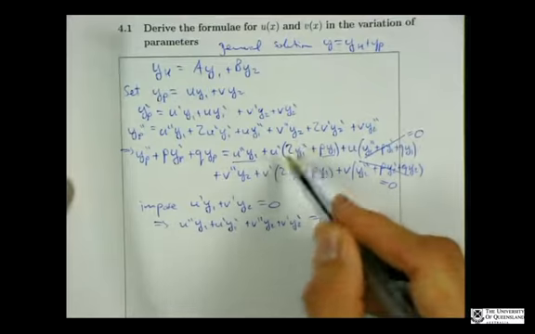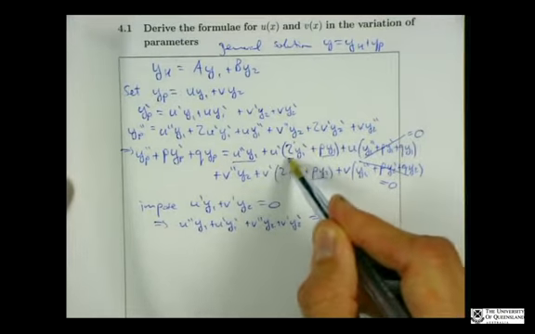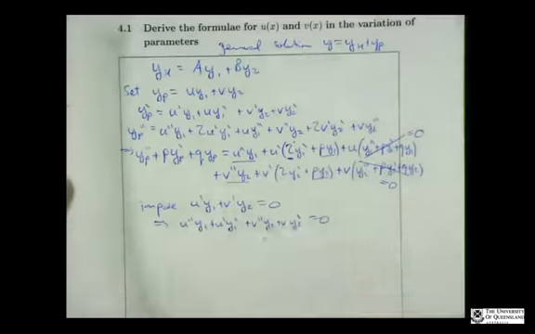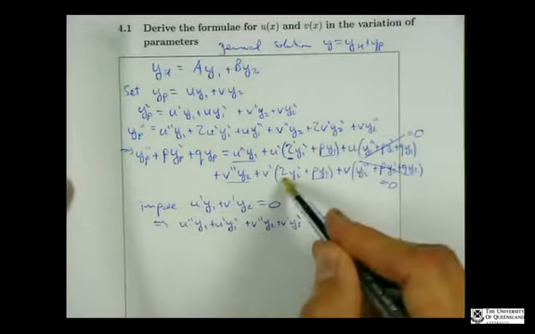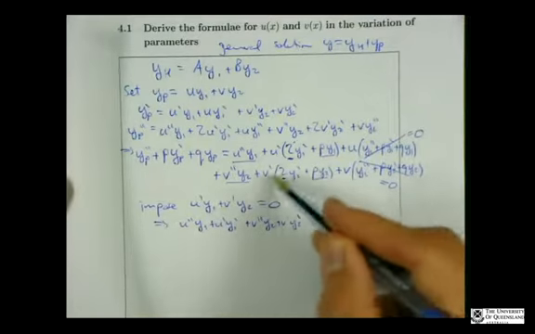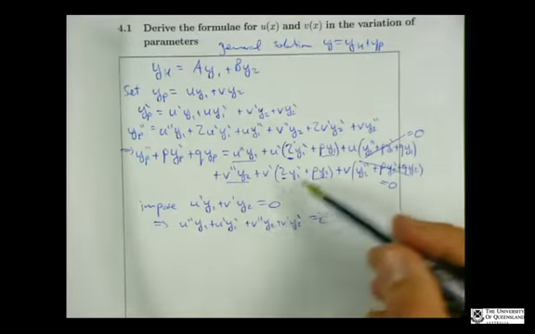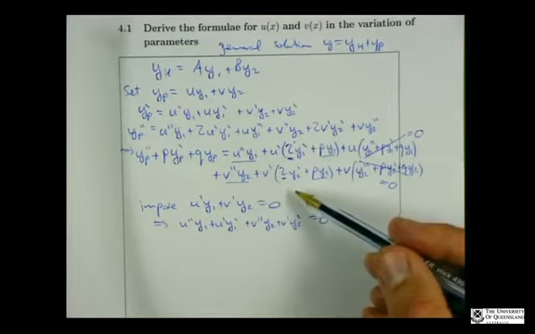So I've got two lots here, so I'm really just cancelling that 2, turning that 2 into a 1, plus the v double dash y2 plus one lot of this v dash y2 dash coming from here. So those 4 terms there combine to give 0.